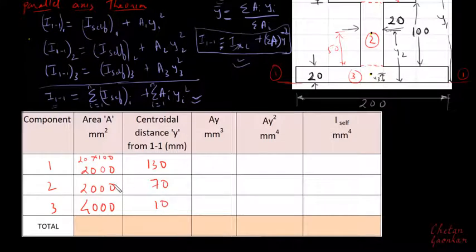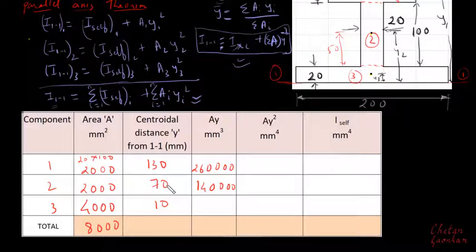Now if I add this up, this should become 4000 plus 2000 plus 2000, this should become 8000. Then this is nothing but the multiplication of column 2 with 3, that is A with Y. So 2000 multiplied by 130, this will be 260000. Similarly, A2 multiplied by Y2, this will be 140000.